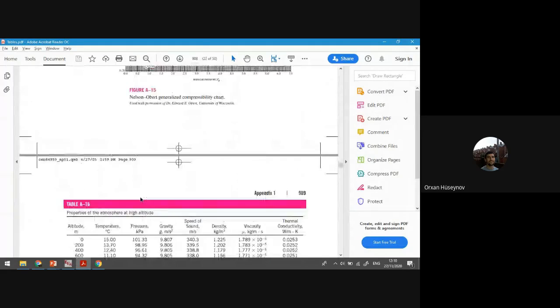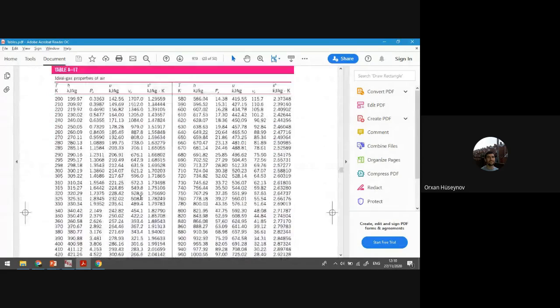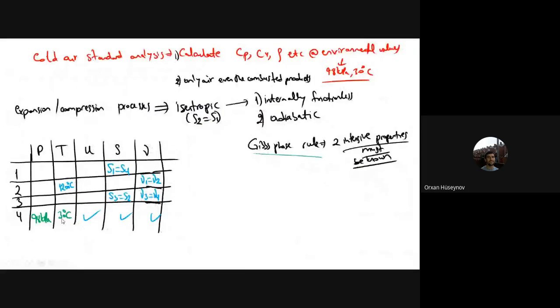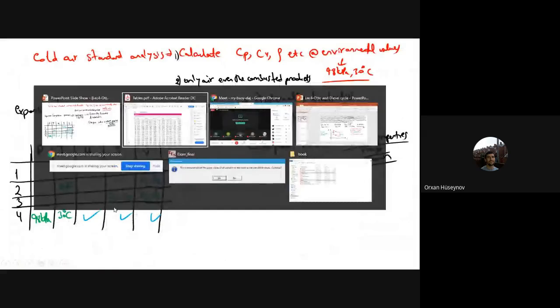So it is table A17, and the temperature is 30 degrees Celsius, that is 305 Kelvin. That's the temperature. And for that temperature, I'm looking for the internal energy, which is 217.67. Okay. But for the exact value, you need to interpolate it.